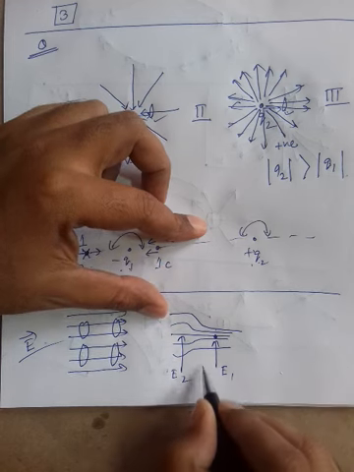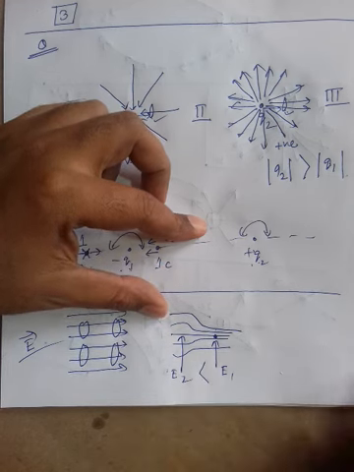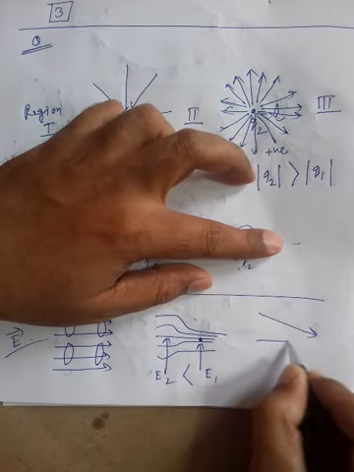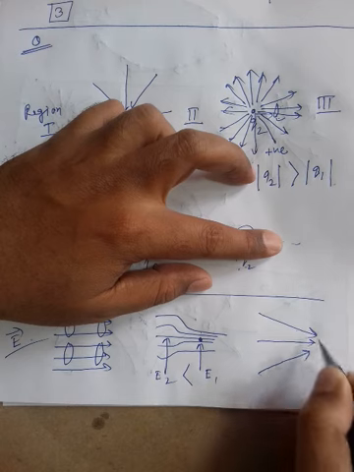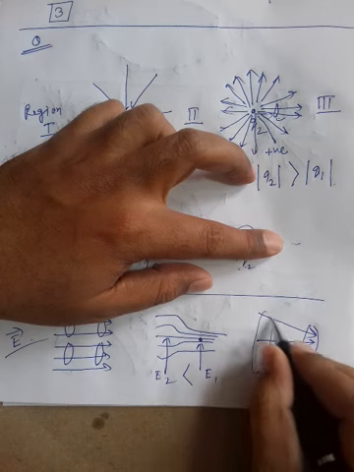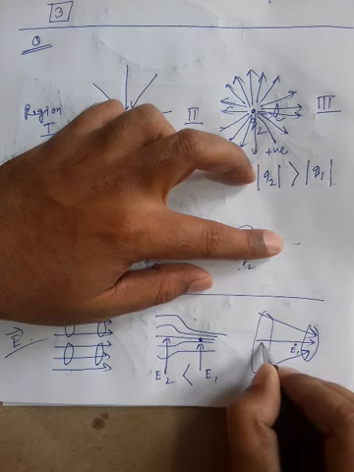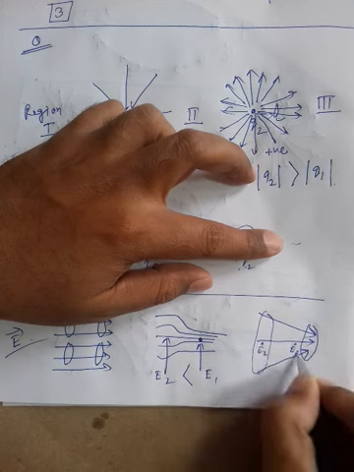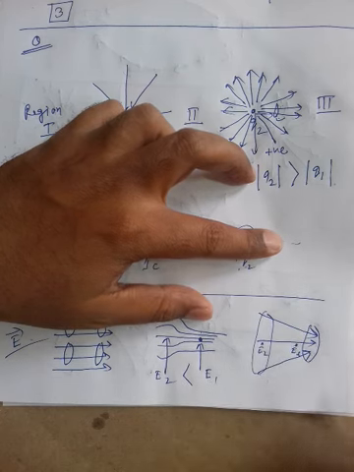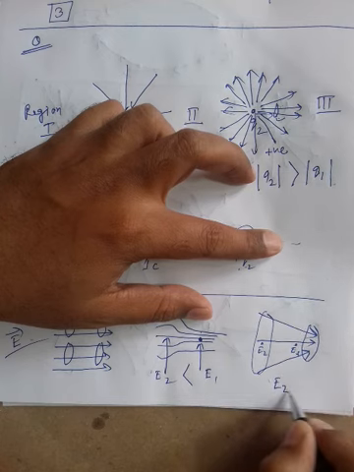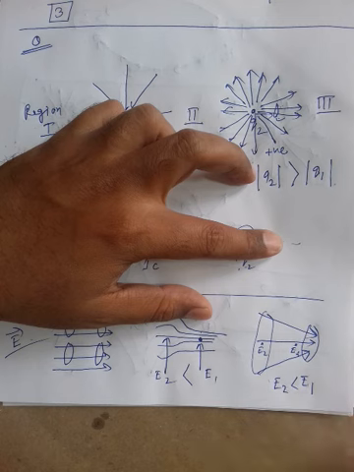So in magnitude E2 is less than E1. Clear? By chance you draw electric field lines like this, then also same. Here greater density, here lesser density. So if you consider this point say E1, this point say E2, here also E1 is greater because greater density. So E2 is less than E1. Clear?